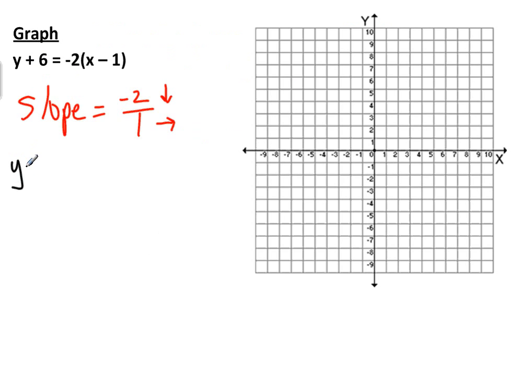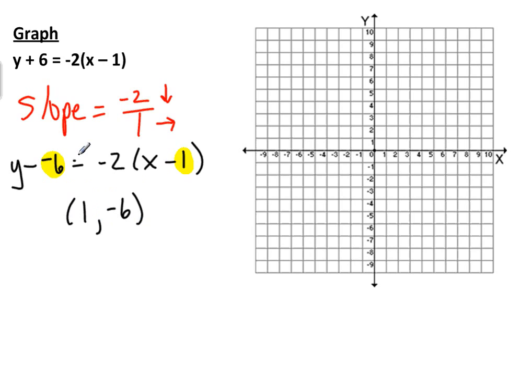So I have y minus negative 6 equals negative 2 times x minus 1. The reason why we want these minus signs is because the x1 and the y1 are after the minus signs. So that means that my x1 is a positive 1 and my y1 is a negative 6.